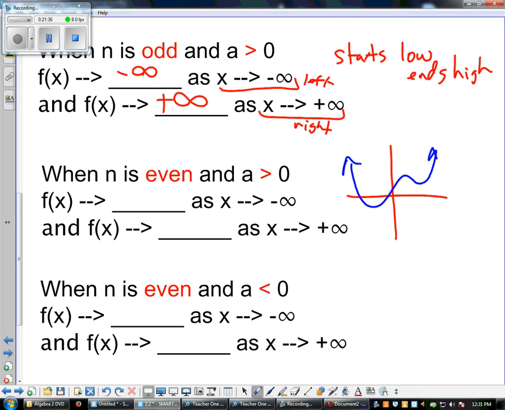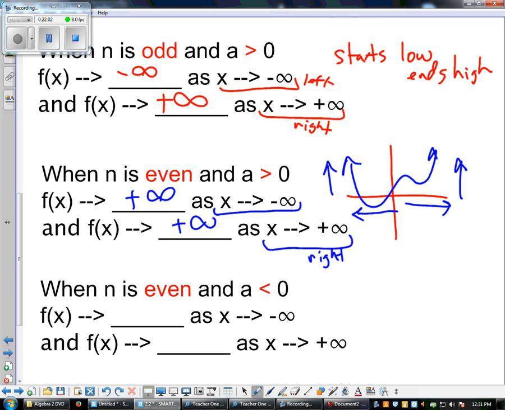As we go further and further to the left, that means as x approaches negative infinity, you said the function is heading up, positive infinity. And then what about as x approaches positive infinity, which means as we go to the right, then the function is heading where, Nate? Negative. Do people agree? As we go further and further to the right, Nate, this graph is going up. So it's heading to positive infinity.